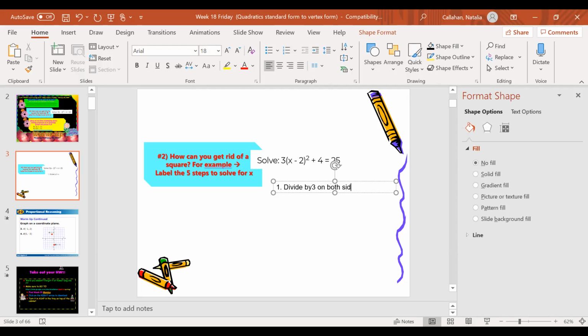on both sides. Oh, actually, I'm sorry, that's not the first step. Just kidding, you have a tag along. Subtract 4 on both sides. That's the first one. Next, you're going to go ahead and divide by 3 on both sides.